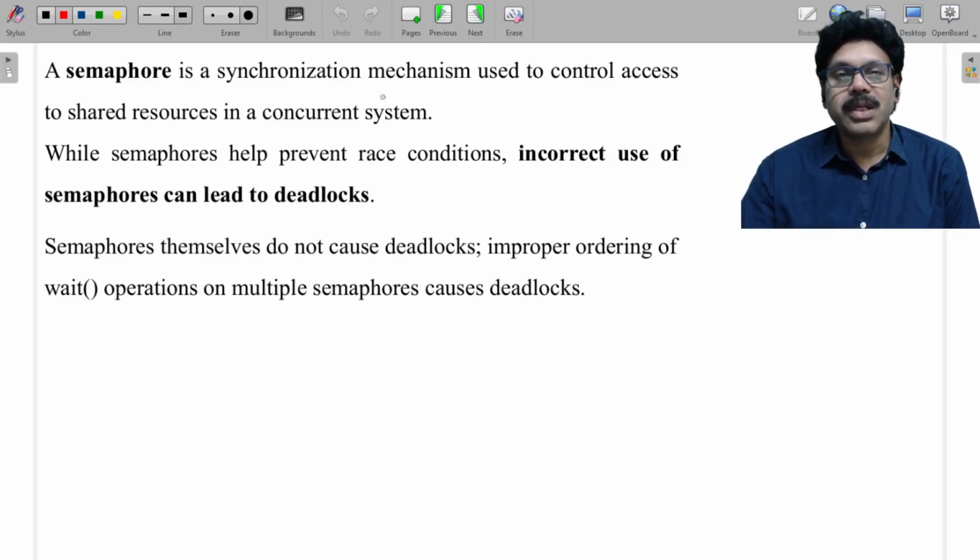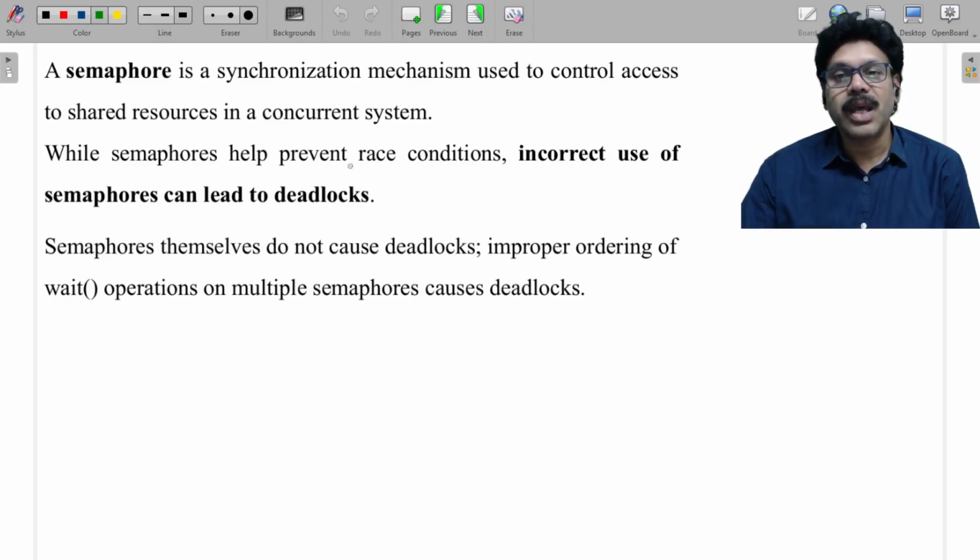A semaphore is a synchronization mechanism used to control access to a shared resource in a concurrent system. The main objective of implementing semaphores is to avoid race conditions, because race conditions lead to inconsistency and incorrect results.